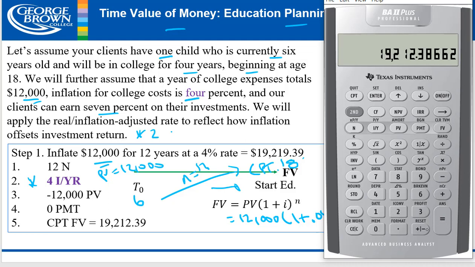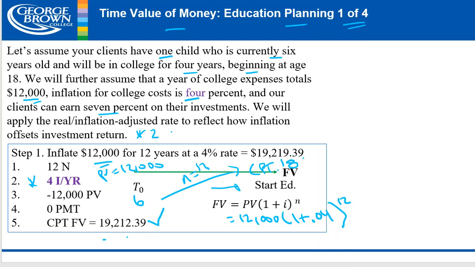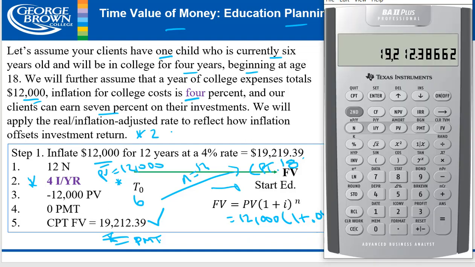So the future value of the education would be $19,212.39. So it costs $12,000 today. 12 years from now, when that child is starting education, the payment, so this is for 1 year, and they're going to go to college for 4 years, the payment that first year would be $19,212.